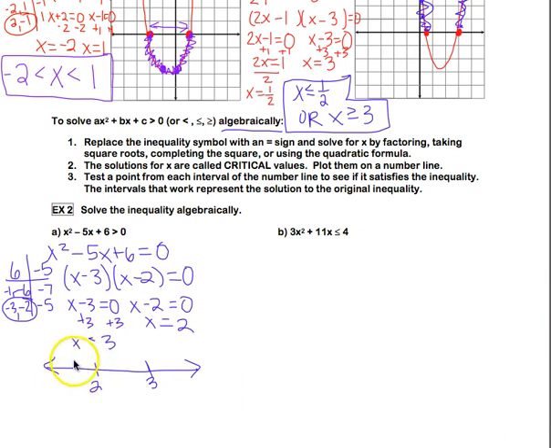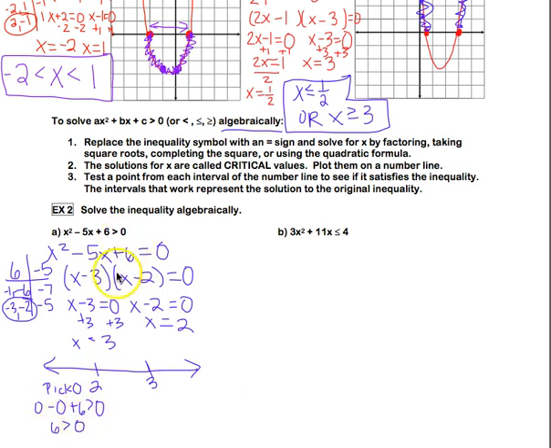So that means I need to pick a point that is less than 2. So I'm going to pick 0. 0 is the easiest thing in the world to plug in. So if I plug in 0 here, 0 squared is 0. 5 times 0 is 0. And then my 6. I end up with 0 minus 0 plus 6, which is 6, greater than 0.